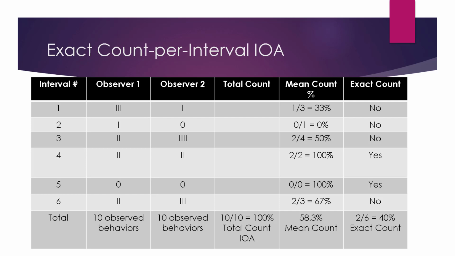The two observers had 100% agreement in intervals 4 and 5. Therefore, we would calculate two intervals with 100% agreement divided by 6 total intervals, and then multiply that by 100, therefore resulting in 40% exact count per interval IOA.